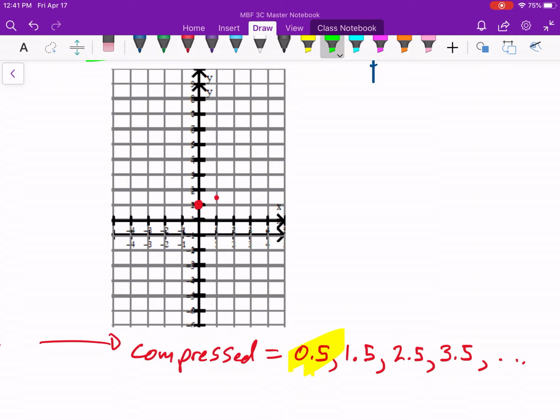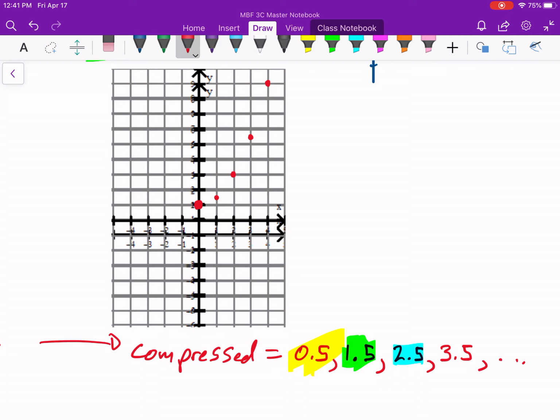Then I'm going to go over 1 again and up by 1.5. So over 1 up by 1.5 higher takes me up to here. Then the next one is up by 2.5. So I go over 1 up by 2.5, and then I go over 1 and up by 3.5, which would take me up to here.